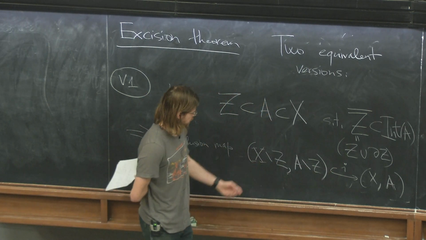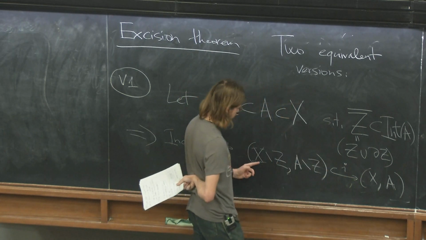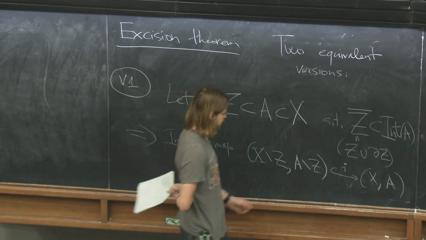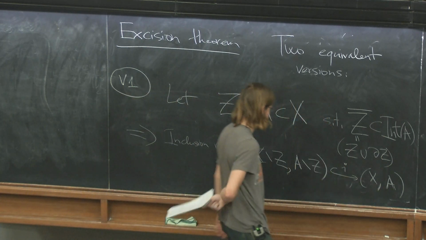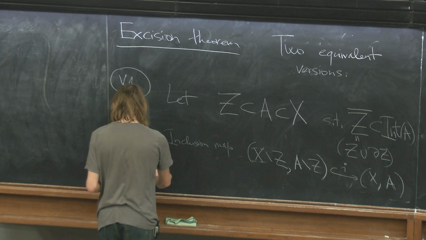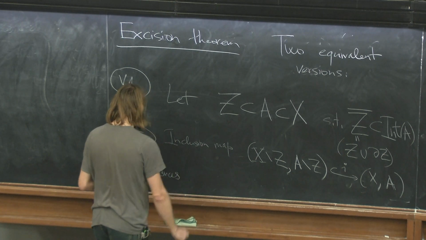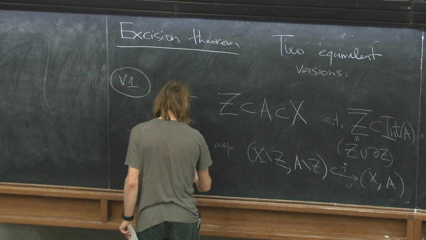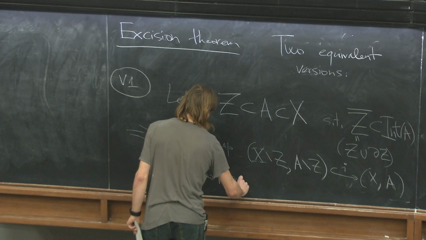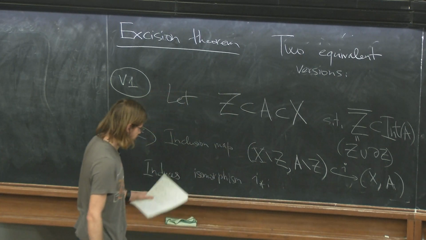So for the complement of Z, which is a subspace in X, I can consider the inclusion map, and the inclusion restricted to the subspace maps points inside A. It's kind of tautological. And the statement of the theorem is that this induces an isomorphism between the corresponding homology groups.